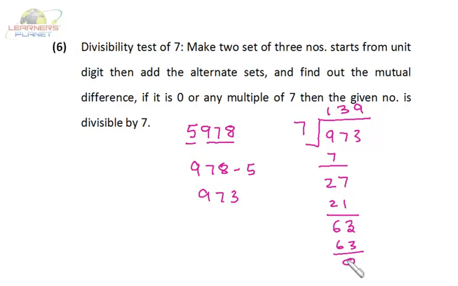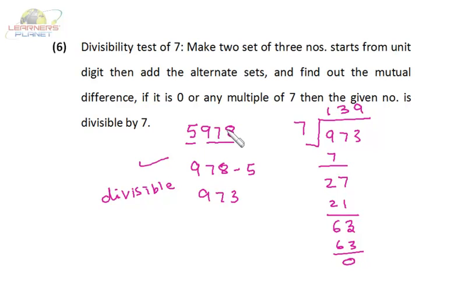That means the remainder is 0. If I'm getting the remainder as 0, that means 973 is divisible by 7, and hence finally 5978 is divisible by 7. Okay, isn't it very easy? Without performing actual division, you will be able to know that a very big number is divisible by 7.